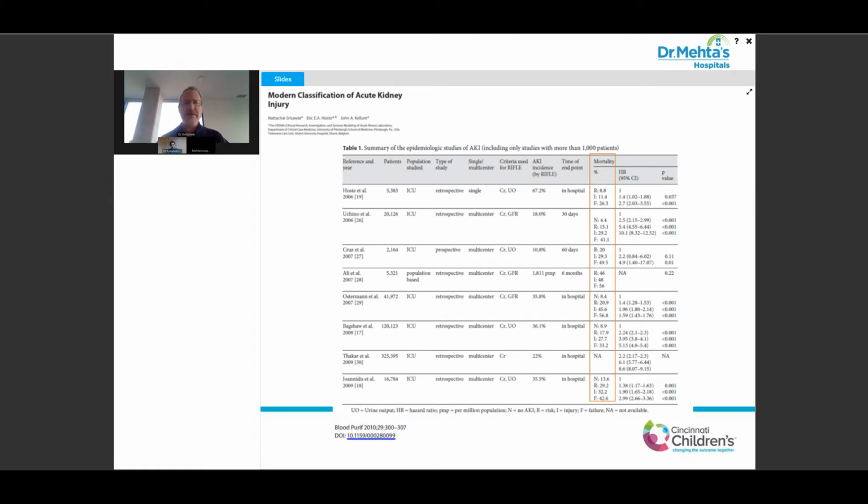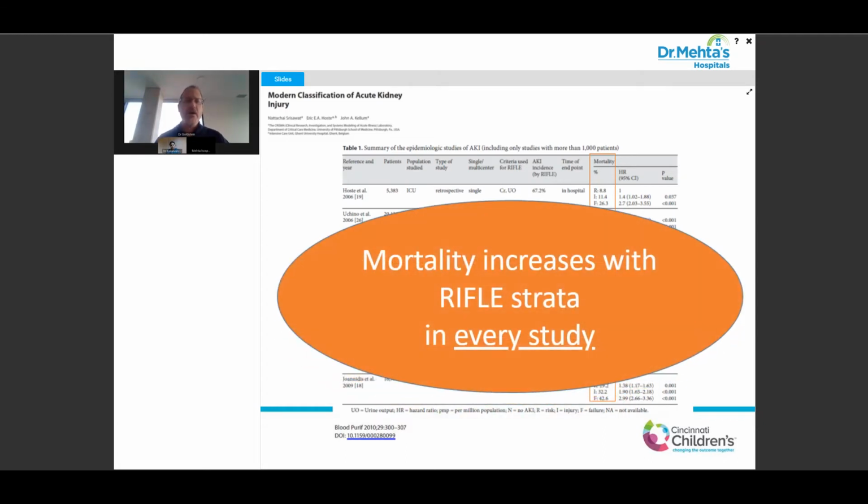But let's think about this for a second. When a patient has a 25% decrease in GFR, or even a 50% decrease in GFR, and are, say, doubling their creatinine, or when a patient has 12 hours of oliguria, those patients are not dying from the standard things we think about with kidney failure.